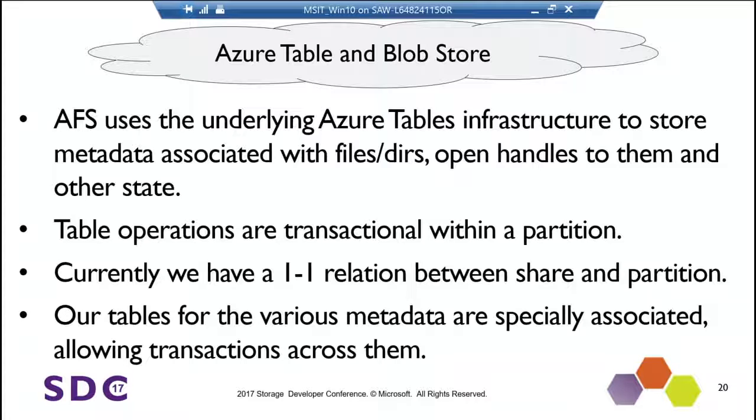Somewhat of a recap here of using the tables so that we have our durable and persistent metadata state for all the different files and operations and leases and byte range locks and all that sort of stuff. As I said, there is currently a one-to-one correspondence between shares and partitions. That allows us to very easily do transactions across them, but it does have some implications for scaling, because at any one point, there's a single server maintaining all the metadata for that share.